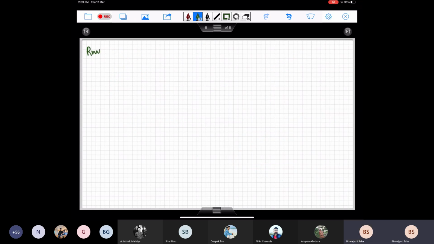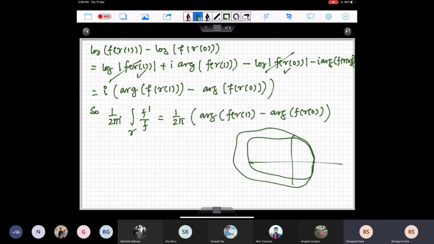So remark: the integral 1 upon 2 pi i of f prime upon f over gamma can also be seen, exactly because I was drawing this picture, that it started from here, went like this, and then went like this.